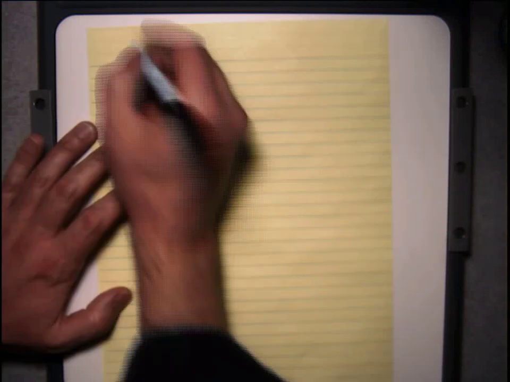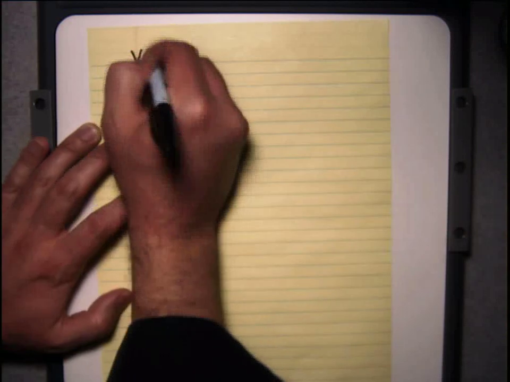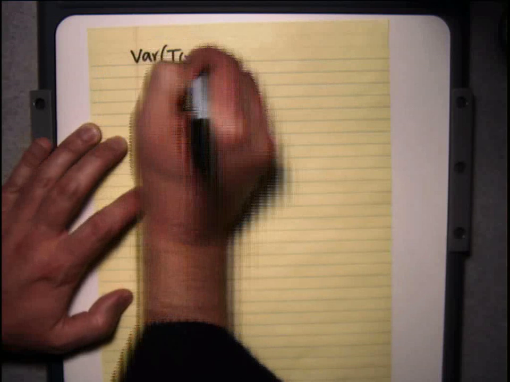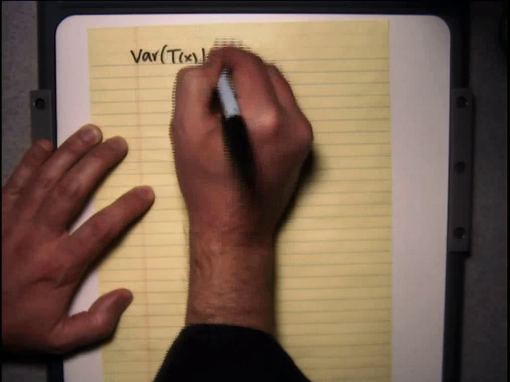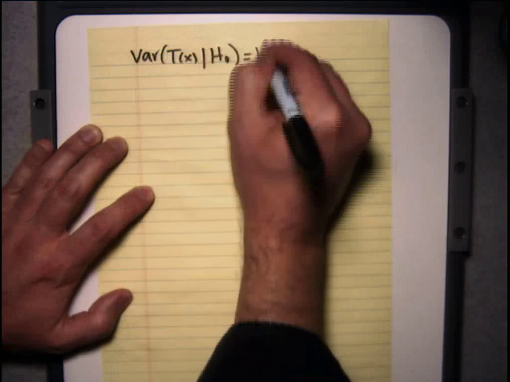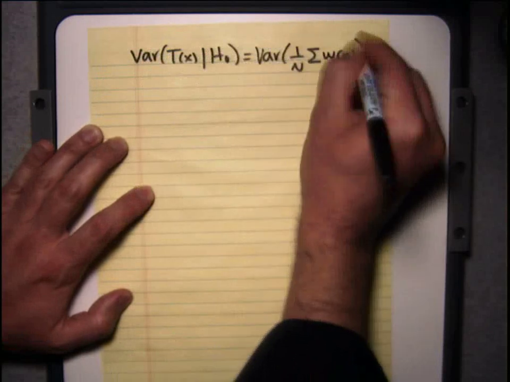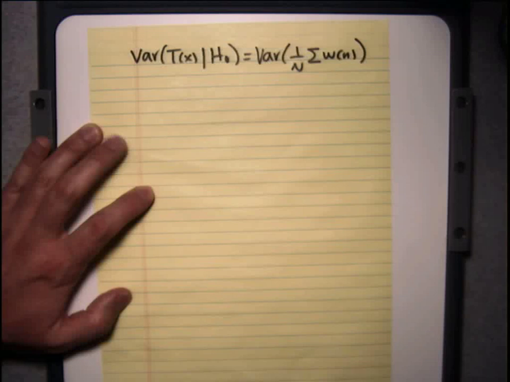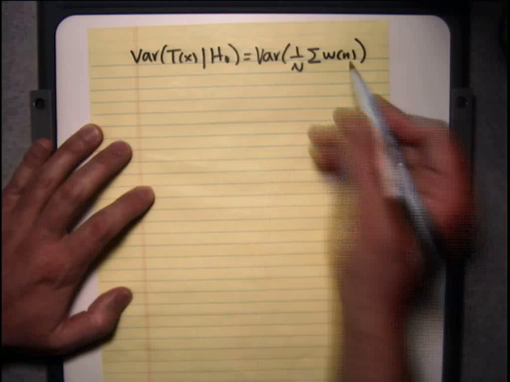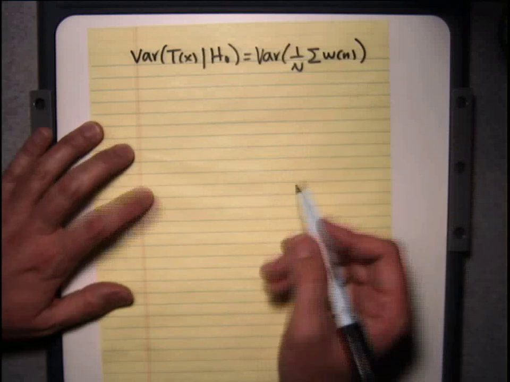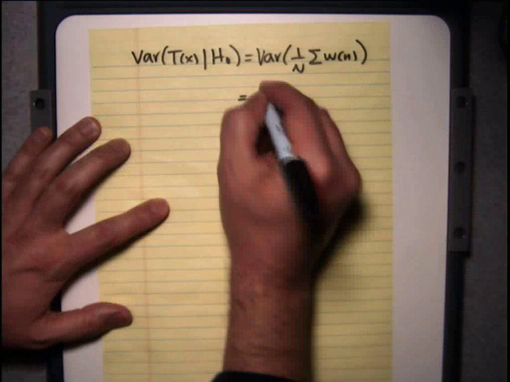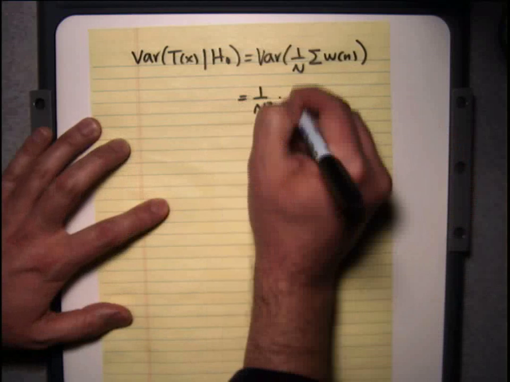All right, now the variance as well we need to know. Variance of T(x) conditioned on H0. This is the variance of 1 over n sum of w[n]. So the variance of the sum, because these are independent, identically distributed, is 1 over n squared times n sigma squared.